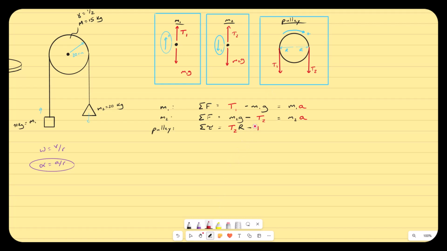Minus T1R, which is negative for exactly the opposite reason, equals, and that's all my torque, so equals I times alpha.